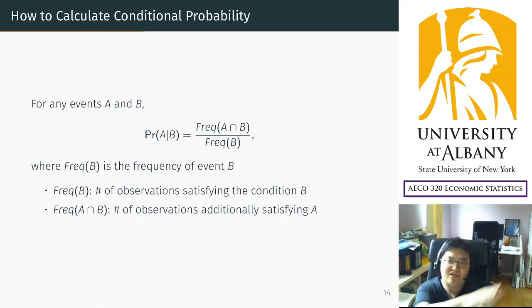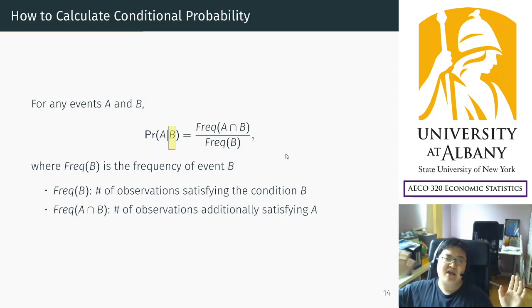I defined frequency in the previous chapter. And then let's interpret this. In the denominator, we have the frequency of B. This is the number of observations that satisfy the condition. So in our data set, I throw away all the others, and I only use these many observations that satisfy our condition B.